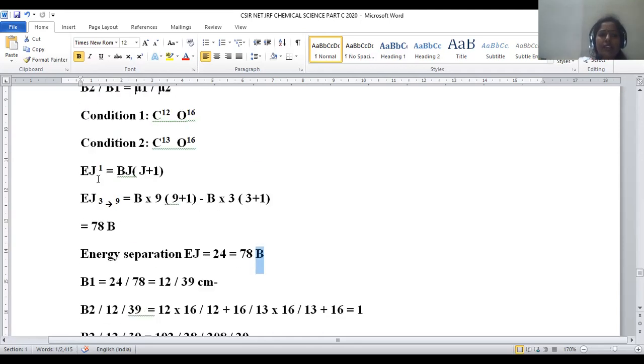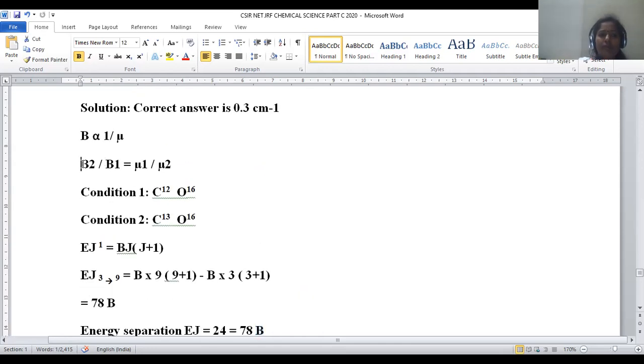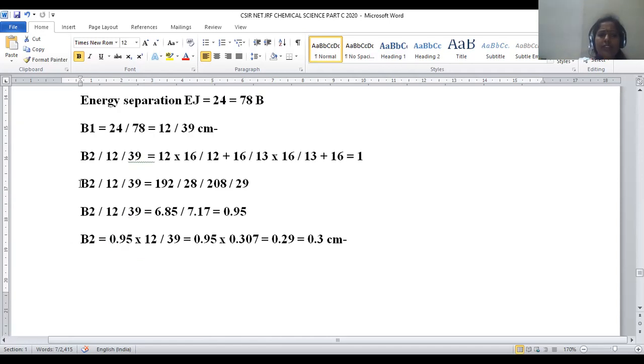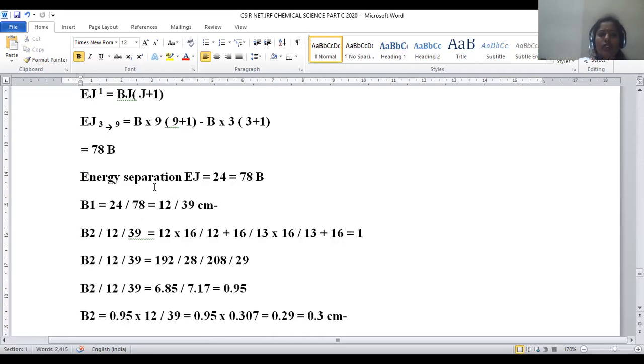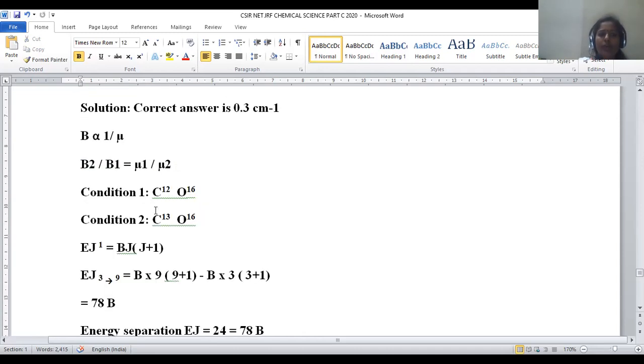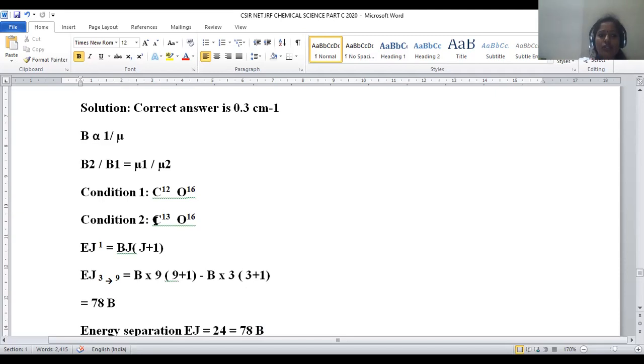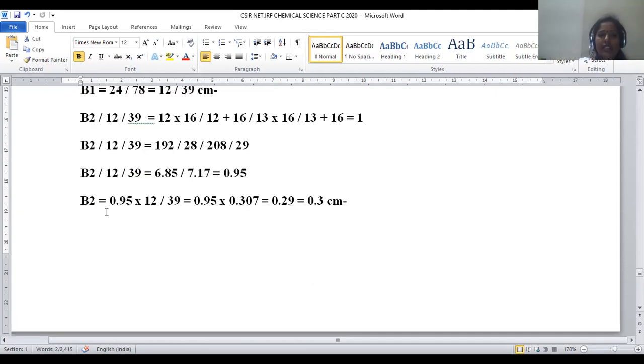Then we substitute into the formula B2 by B1 equals mu1 by mu2. B2 by 12 by 39 equals mu1 by mu2, where mu1 is the reduced mass of the first condition and mu2 is the reduced mass of the second condition, with C13.